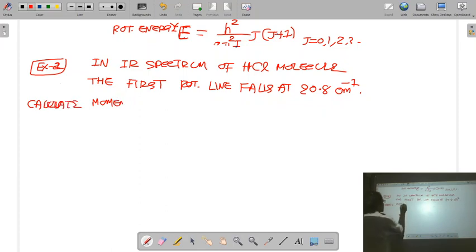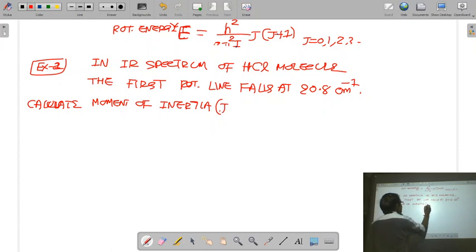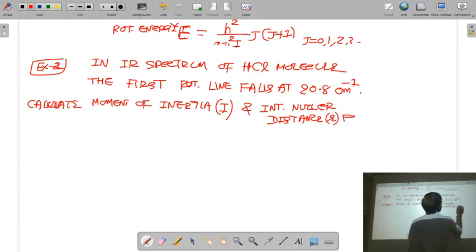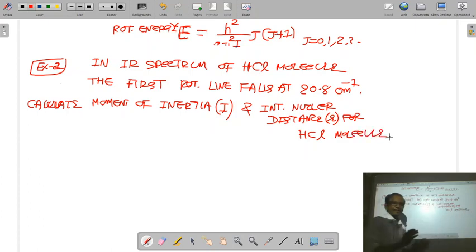Calculate moment of inertia I and internuclear distance R for HCl molecule. So this is the example: they have studied the infrared spectrum of HCl molecule.